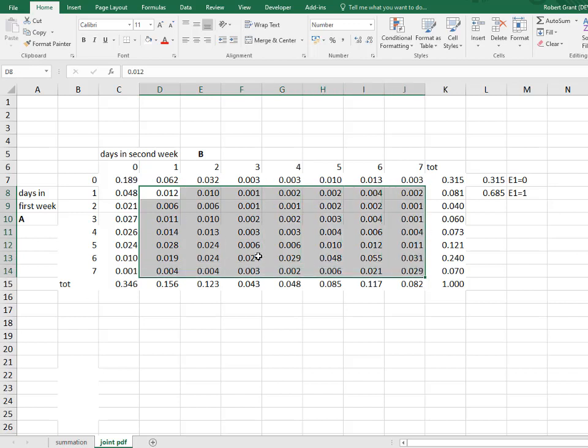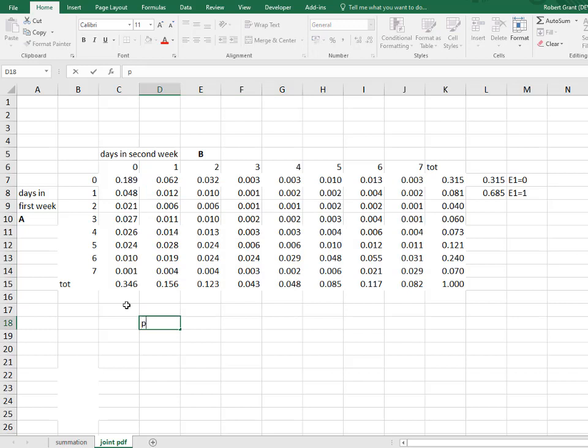That's the probability that both E1 and E2 are 1, because they got some work in both weeks. So that's all of this.